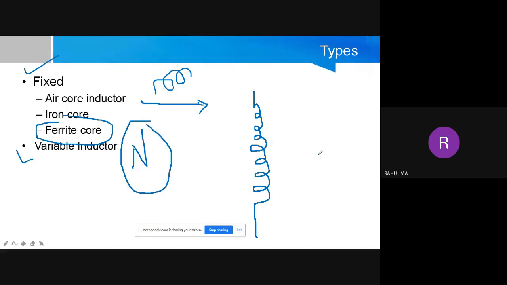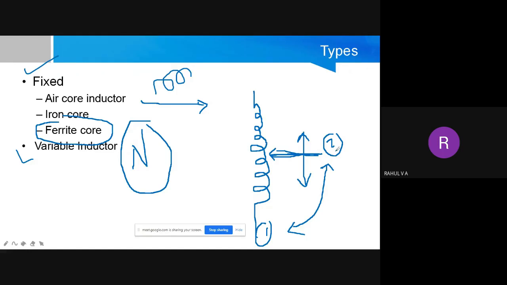So if I have a third terminal and I am able to move this third terminal up and down, if I take the connection between these two terminals, 1 and 2, I can adjust the number of turns. So if I move this up and down, I can adjust the number of turns between 1 and 2.